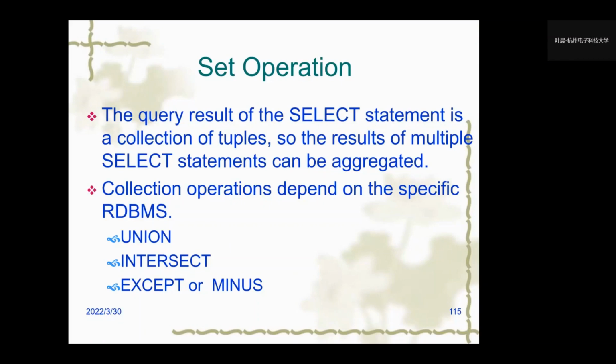To aggregate the results of multiple select statements, we can use these set operations. It depends on the specific RDBMS. Normally we use union, intersect and except.